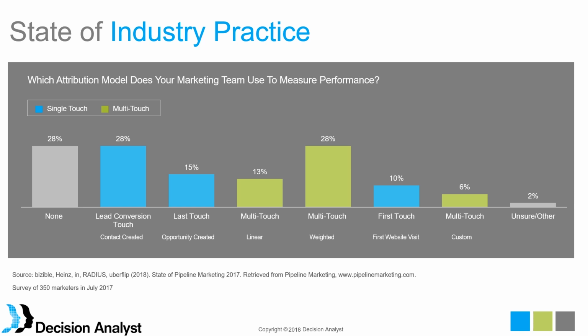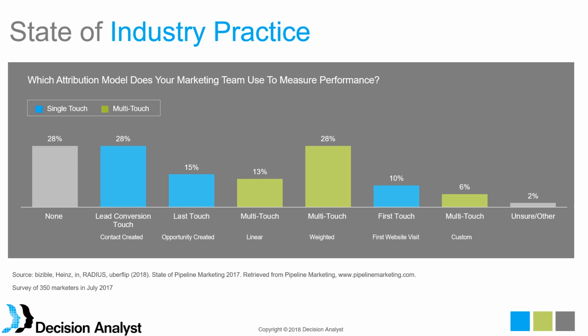And of the ones that do it, if you look at the blue bars, there's the type of attribution modeling: lead conversion, last touch, first touch. Last touch is often cited as one of the most common attribution methods, and it means that the last place visited right before purchase gets full credit for the purchase itself.